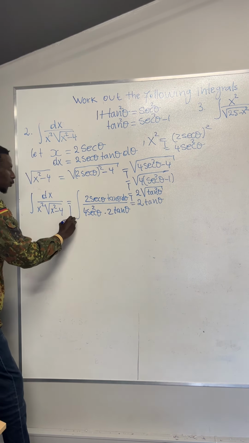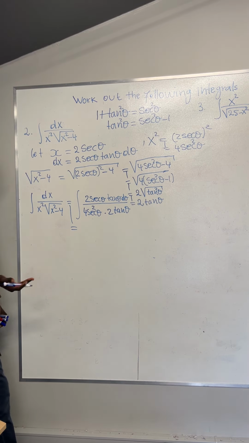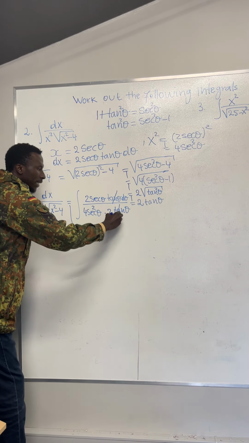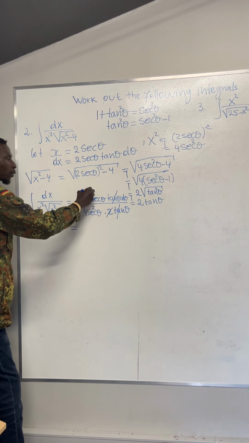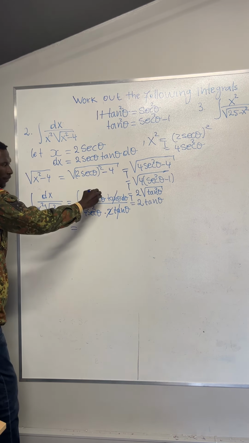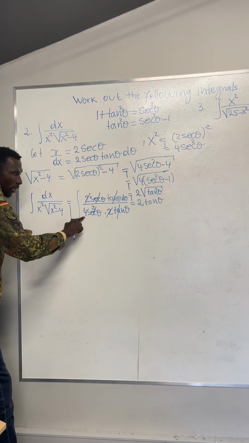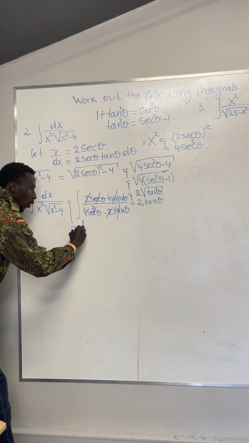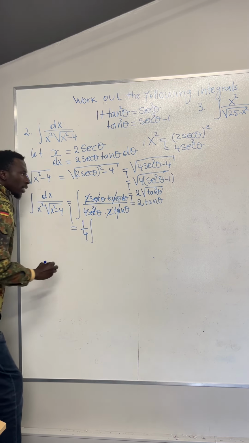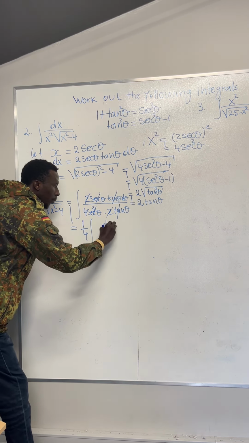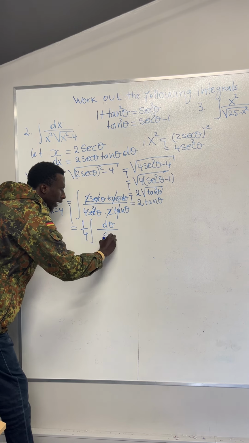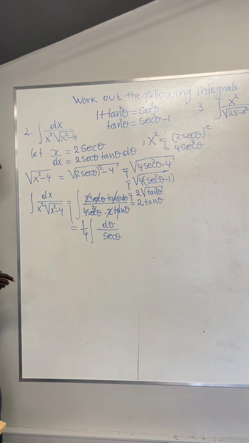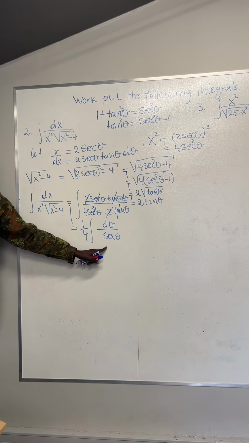So this we're just gonna simplify. We can cancel by tan. Simplify by 2, and we simplify by 2. We can simplify by sec, but there is a 4 there. So you're gonna have 1 over 4 integration of d theta on top and then divided by sec theta. So 1 over sec theta.